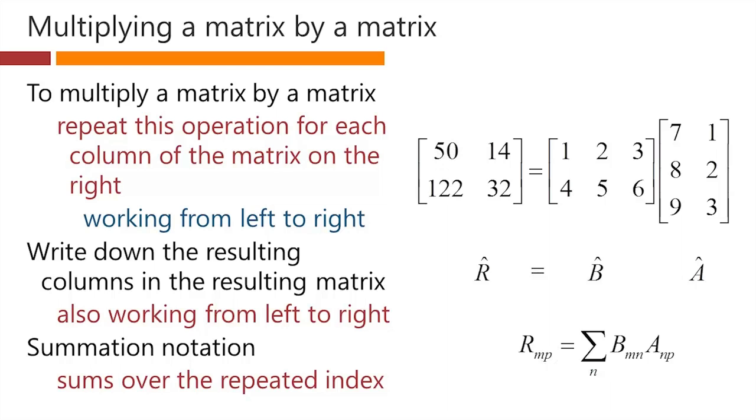And we are collecting for each column here. We choose a specific column, column p, for example. You see, we're doing the same thing as we did for our vector matrix multiplication, and we're summing over the repeated index n in the middle. So the elements with p equals 1 are just this column of numbers here, and we're doing the same thing as we did before to generate this element, and so on.